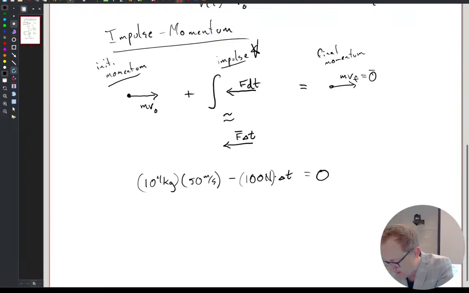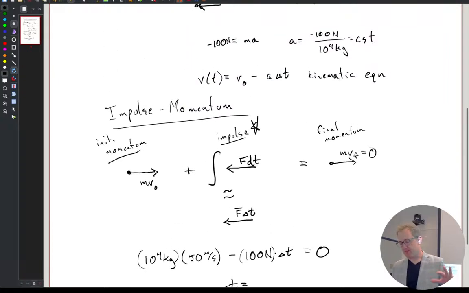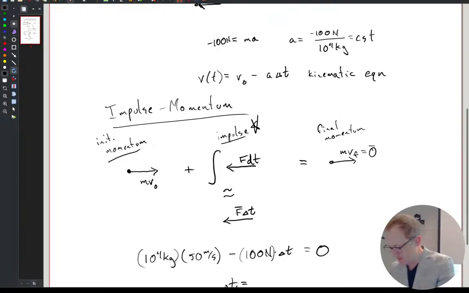So what do we get? How long do we need to fire the thruster? You can do it either way. Either set up the acceleration and solve for when v equals 0, or plug it right into impulse momentum. 5,000. How does that sound?